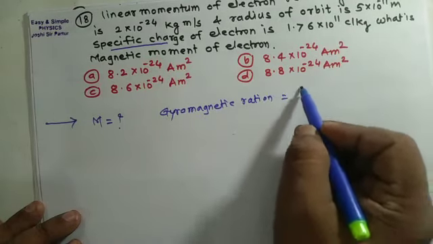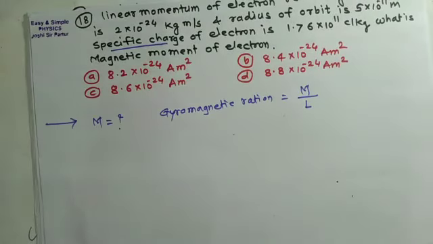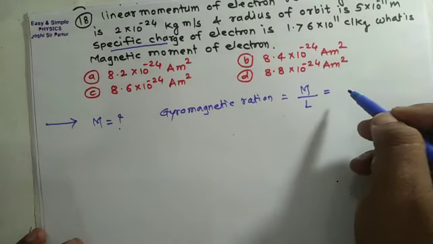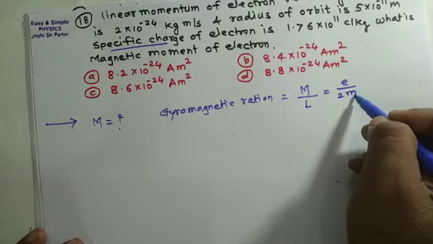So the gyromagnetic ratio is the ratio of the orbital magnetic moment to the angular momentum, equal to e upon 2m.